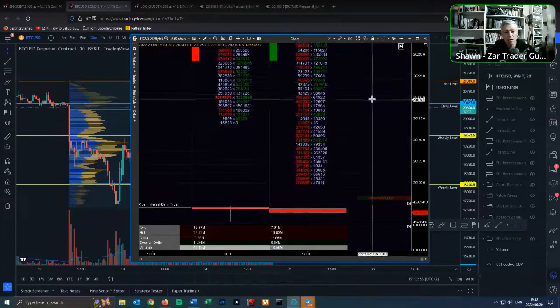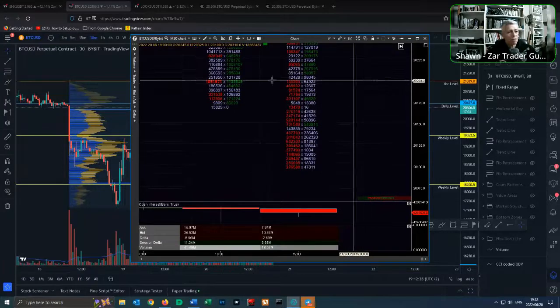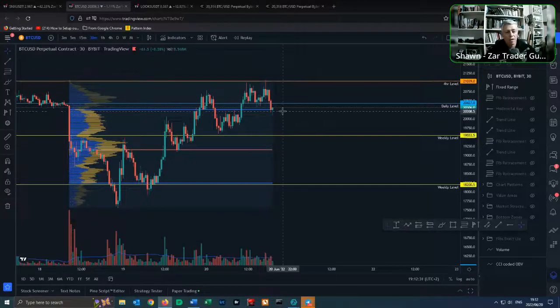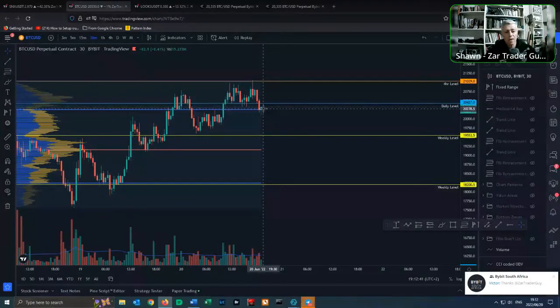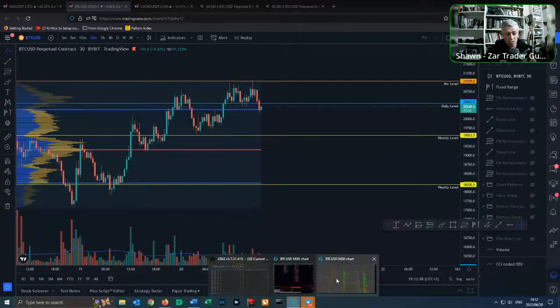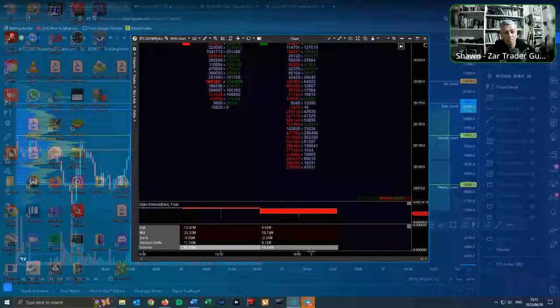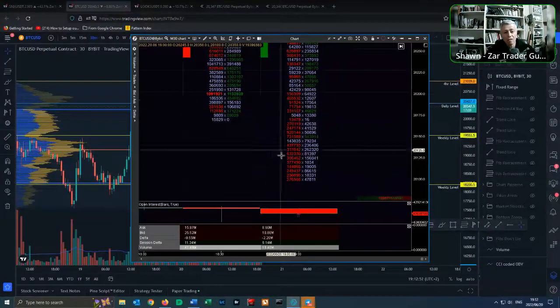Something I'm seeing here at this current candle. I saw a little wick here. We've actually wicked down to just below this value area, and that means that there's possibly a little swing failure pattern happening. It could be that this value area high is holding, and what I'm seeing here in the footprint chart is that there are a lot of sells. You can see there by the red.